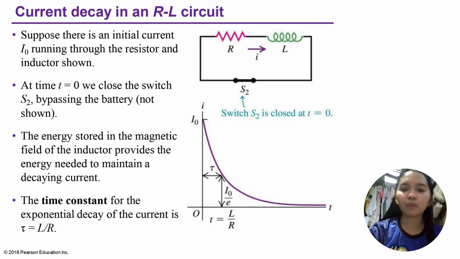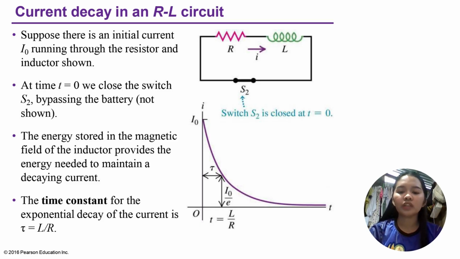So, current decay in an RL circuit. Suppose there is an initial current running through the resistor and inductor shown here. At time t equal to 0, we close switch 2, bypassing the battery, which is not shown in the diagram. Similarly, when the switch is open or moved to a position that shorts the voltage source, the current in the RL circuit doesn't drop to zero.